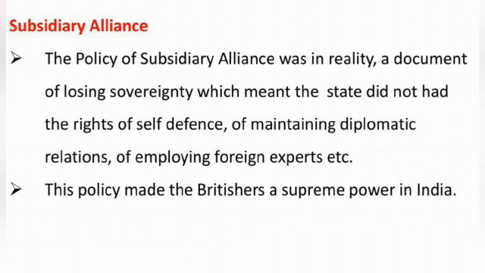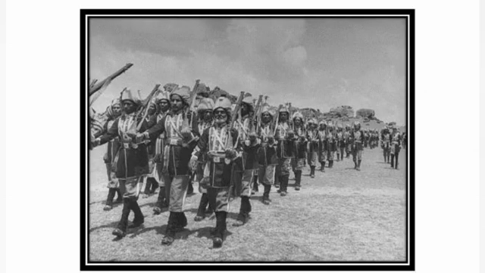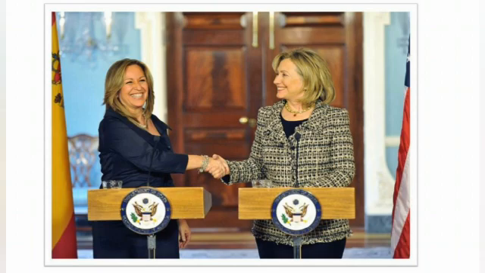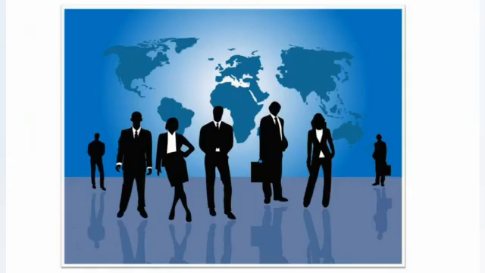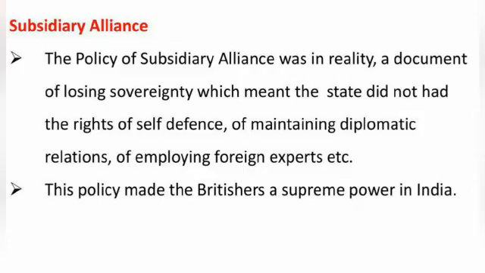The policy of subsidiary alliance system was in reality a document of losing sovereignty, which meant the state did not have the rights of self-defense, maintaining diplomatic relations with the other kings, or employing foreign experts. All these facilities which the king enjoyed before of taking independent decisions were lost in subsidiary alliance system. So entire decisions were taken by the Britishers.